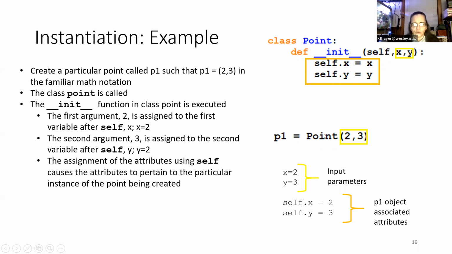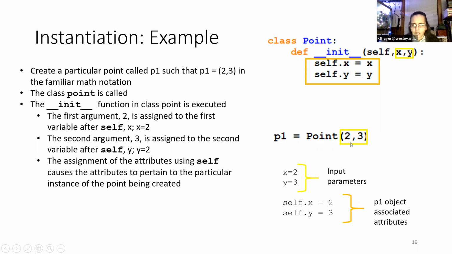But class calls do something a little different. They are going to send the information into init if it exists, which it should. So now this information, 2, 3, goes up and goes into the init function. There are two pieces of information, 2 and 3, which match up to X and Y because self doesn't get any.